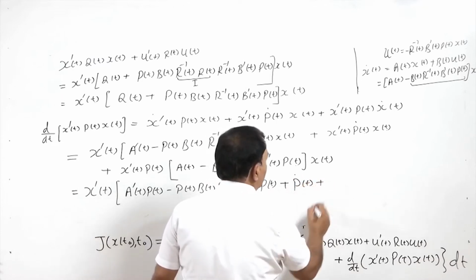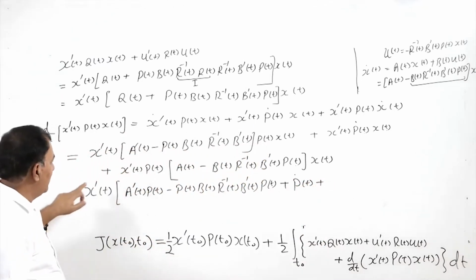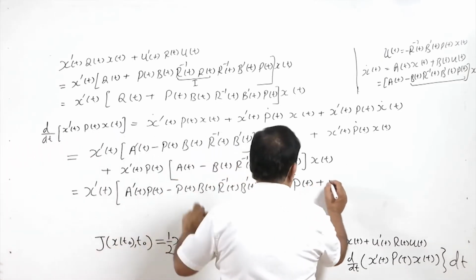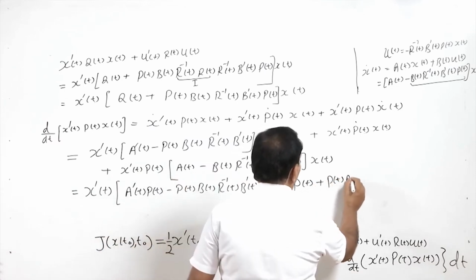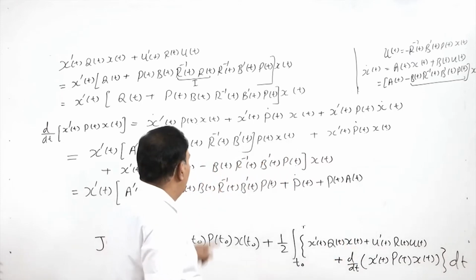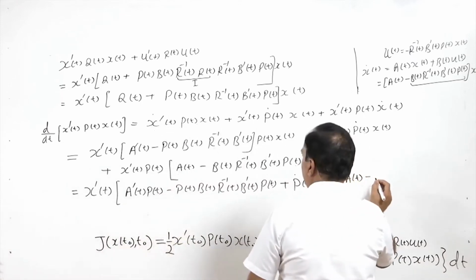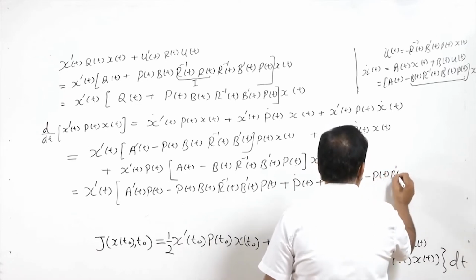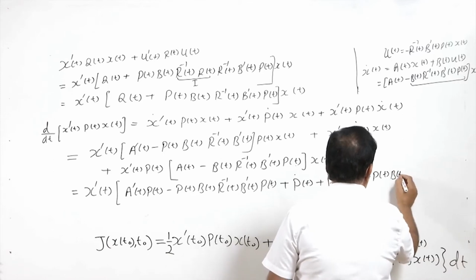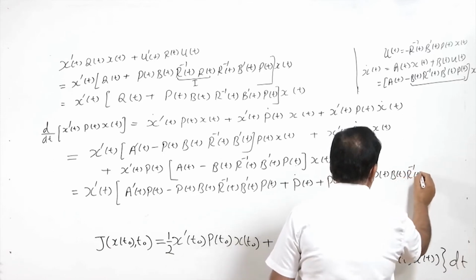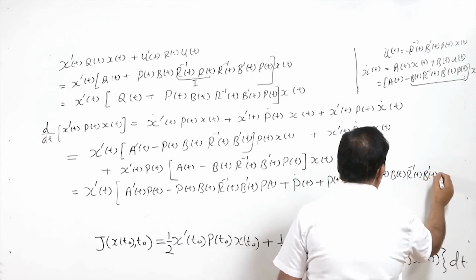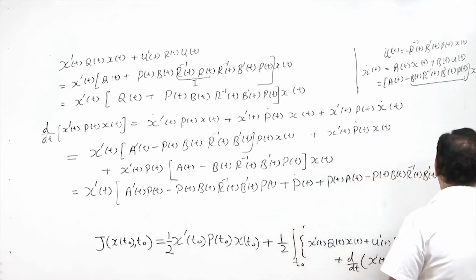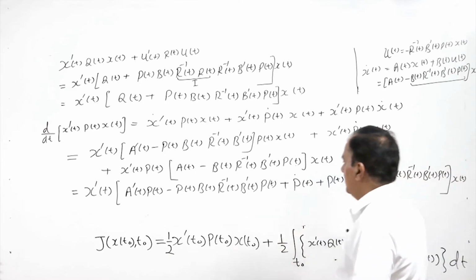Plus, from the third term, x transpose taken outside, P I will multiply, plus P A and minus P B R inverse B transpose P, and the last term will be x of t.